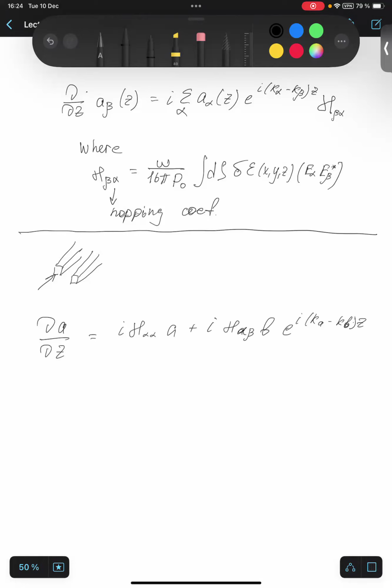This is for the first mode. For the second one, we'll call it B, almost the same.